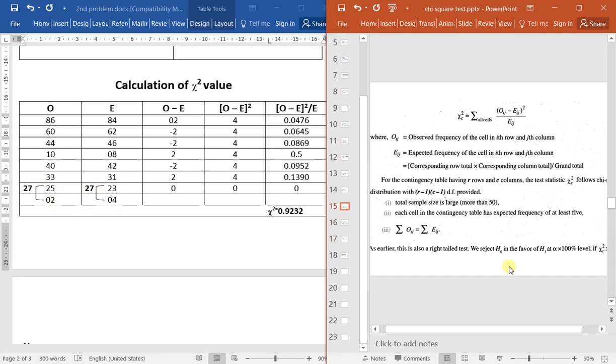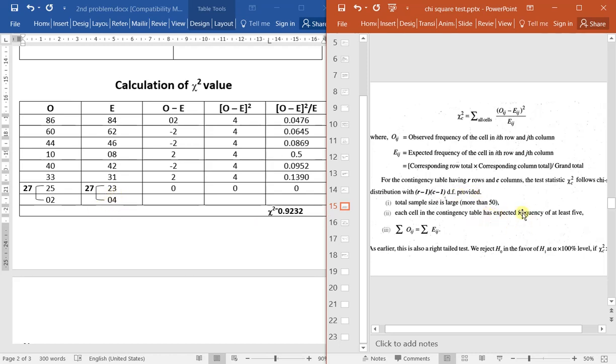So I had told you in the explanation of this method that each cell in the contingency table should have an expected frequency of at least 5. Here these are your expected frequencies in individual cells, and one cell has a value less than 5.